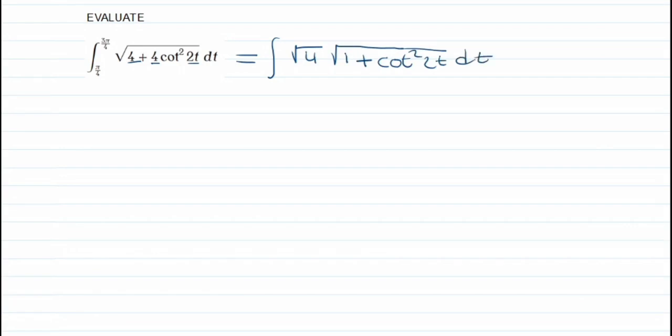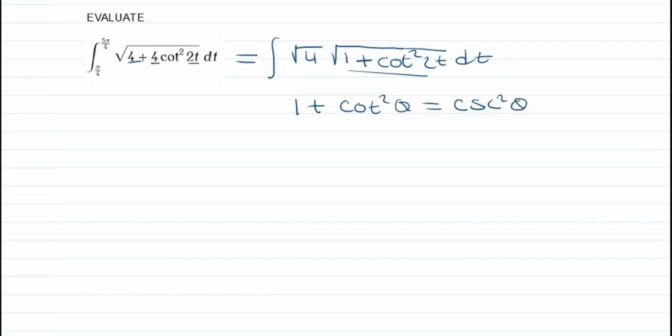With this, I can relate the inside to some identity where we know that 1 plus cot squared theta is equal to cosec squared theta.